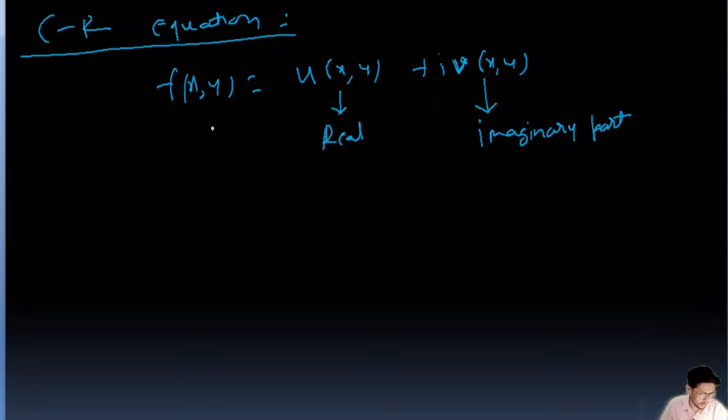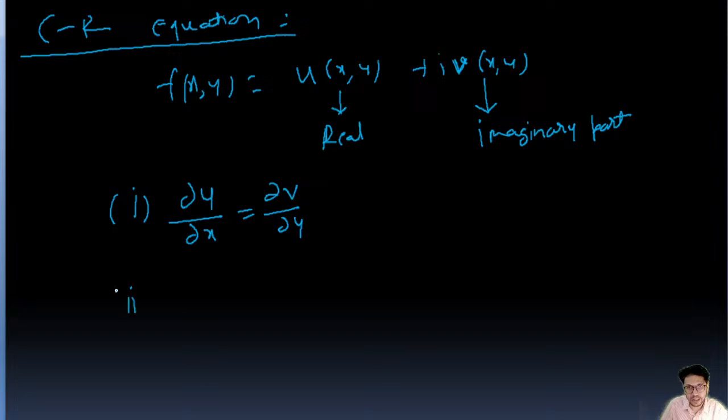If this is an analytic function, then it will satisfy these two conditions: del u upon del x equal to del v upon del y, and del u upon del y equal to minus del v upon del x.